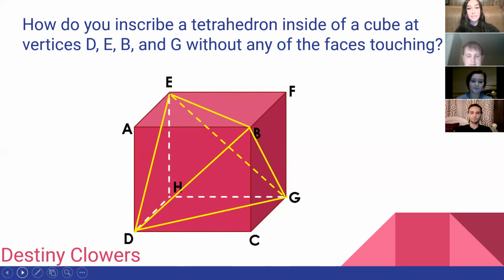For example, if you look at the face DEB of the tetrahedron, it's sharing some of the same vertices with the cube, but it's not touching or sharing or being snug with the face of the cube A, B, C, and D. Because it's true for this face of the tetrahedron, it's also going to be true for the other faces of the tetrahedron. Therefore, this is how you would draw a tetrahedron inside of a cube without any of the faces touching each other.